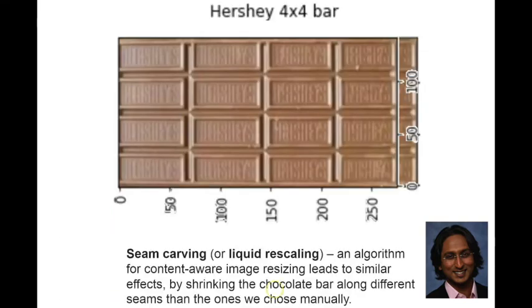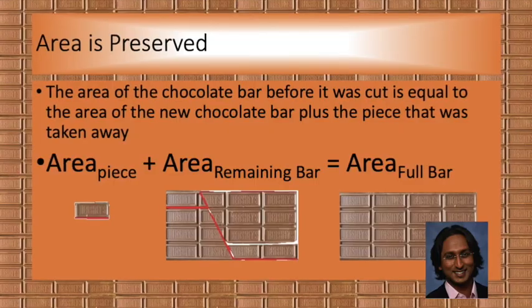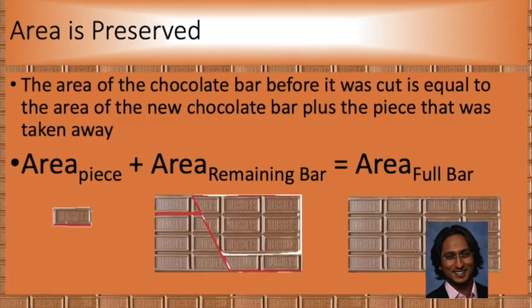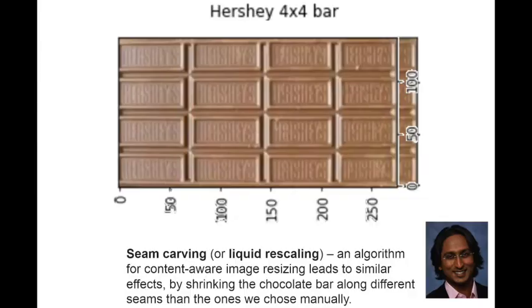So overall, what we have learned about is this idea that area is always preserved. Okay. Whereas appearance can be maintained by appropriate carving out of regions of a two-dimensional image that are going to be missed the least.